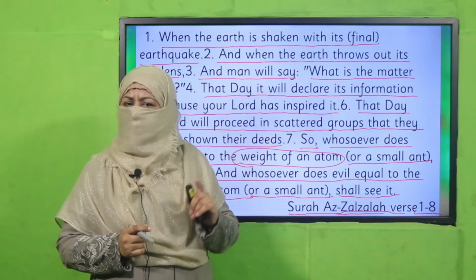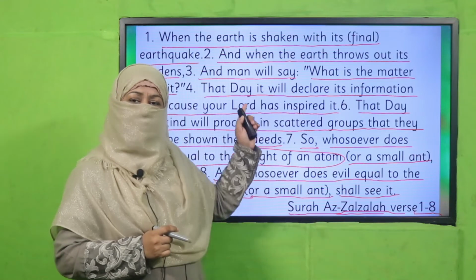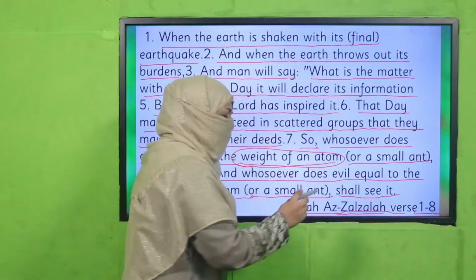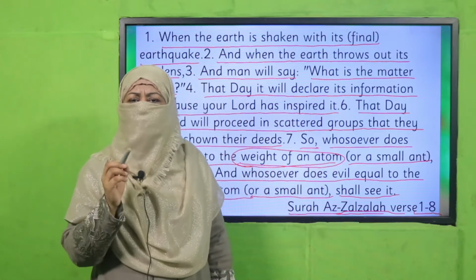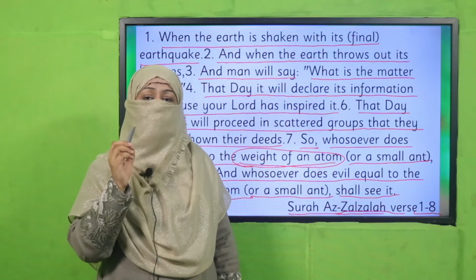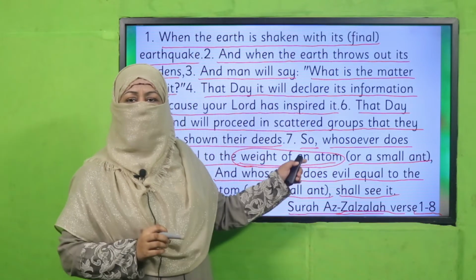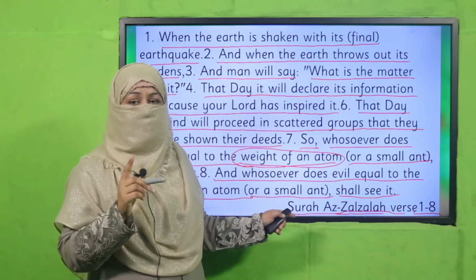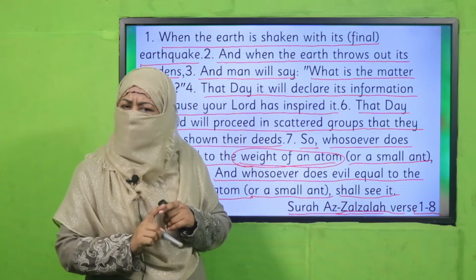So every day we should tell ourselves, this day is sure to come. That's why whatever we are doing, even if it's equal to the weight of an atom, is important. For every good word, we'll be getting good against it. And if unfortunately it's bad, it will be written. So beta, we should be very mindful.